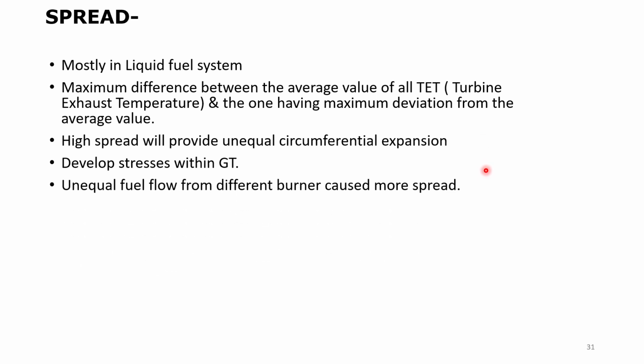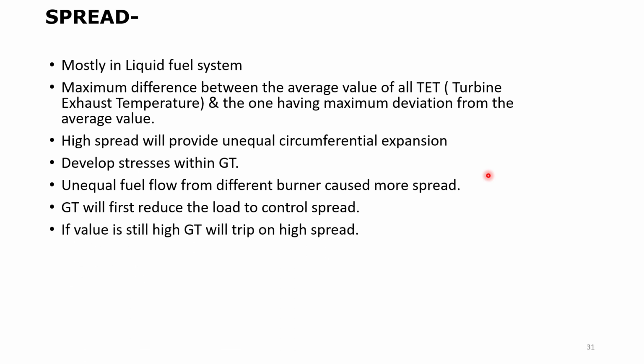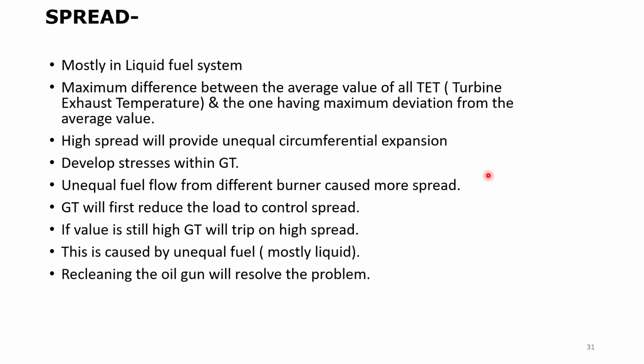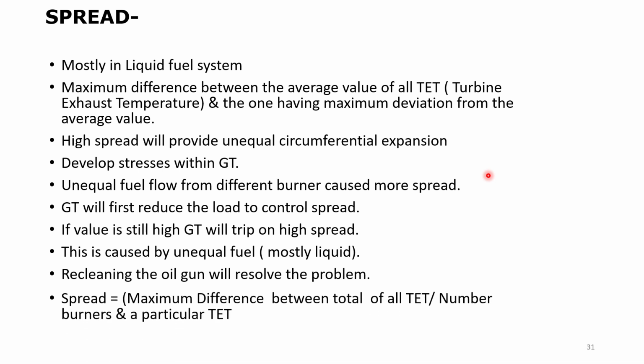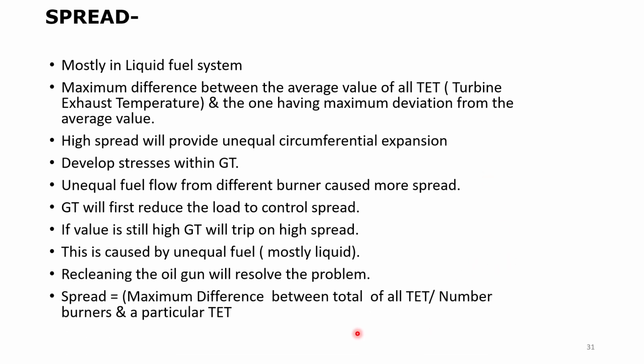Unequal fuel flow from different burners causes more spread. The GT will first reduce the load to control the spread. If the value is still high, the GT will trip on high spread. This is caused by unequal fuel firing, mostly liquid fuel. Recleaning of the oil gun will resolve the problem. And what is a spread? A spread is the maximum difference between the total of all turbine exhaust temperatures divided by the number of burners and a particular TT.